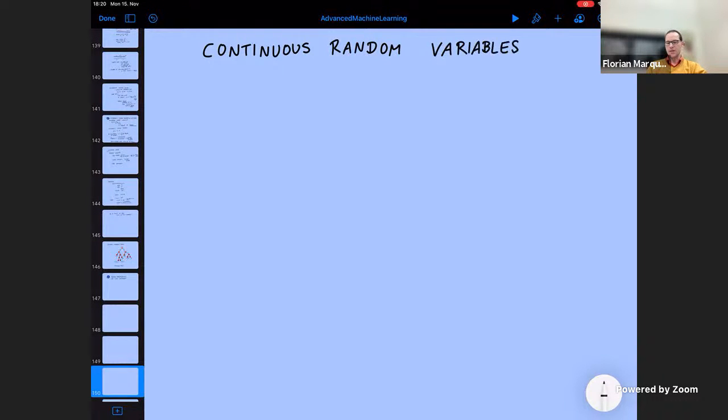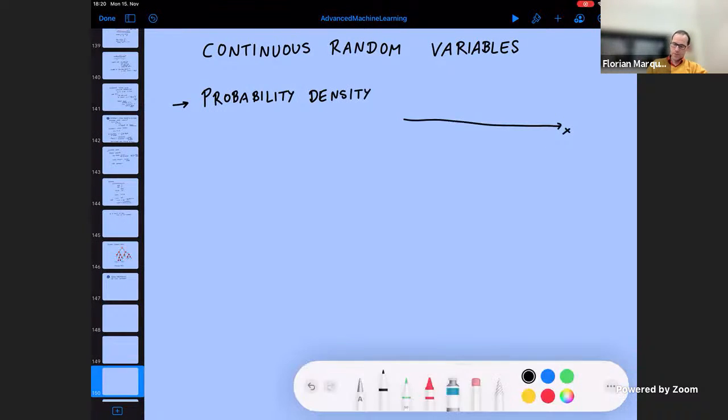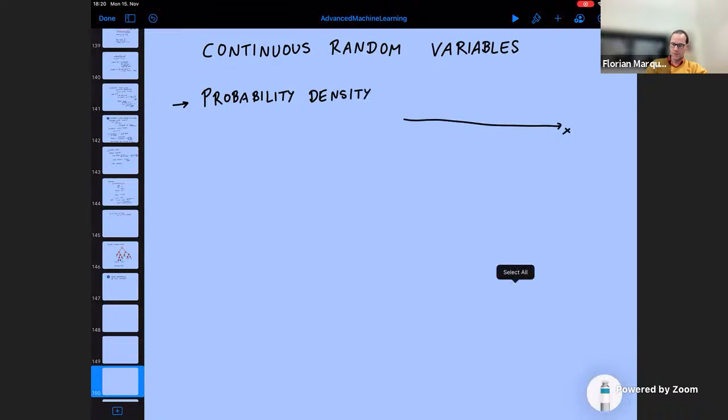The particle is fluctuating around, then it has a continuous position that is fluctuating. And so what we would introduce for continuous random variables in general is, of course, a probability density. So I plot the probability density versus x.